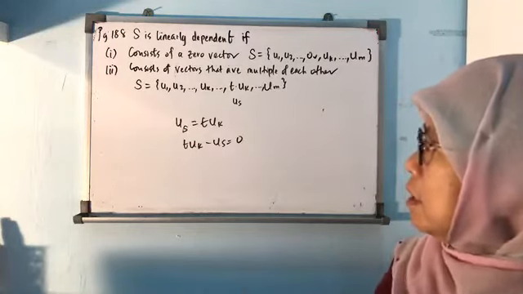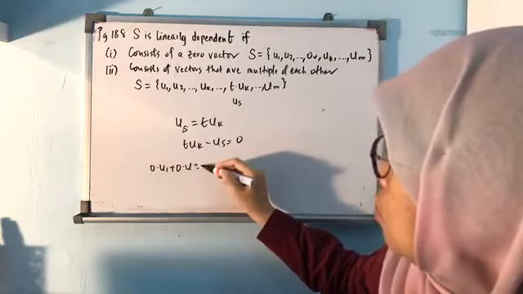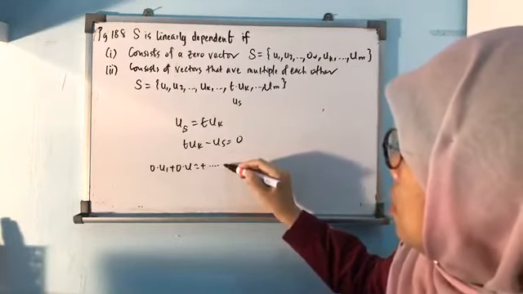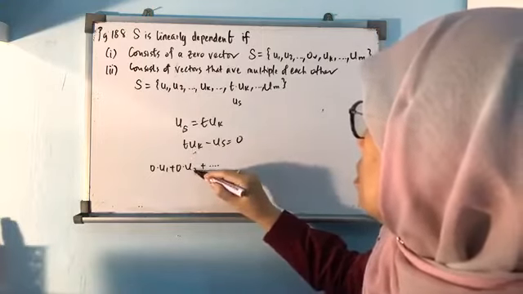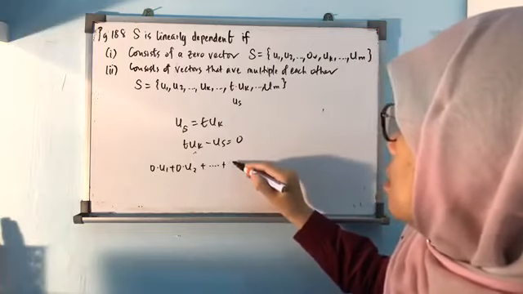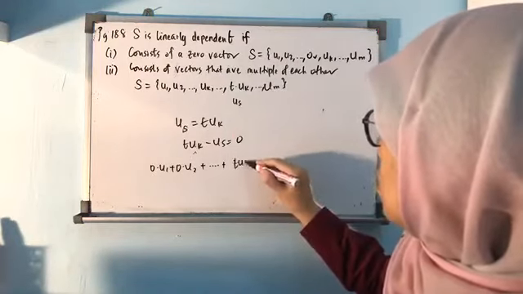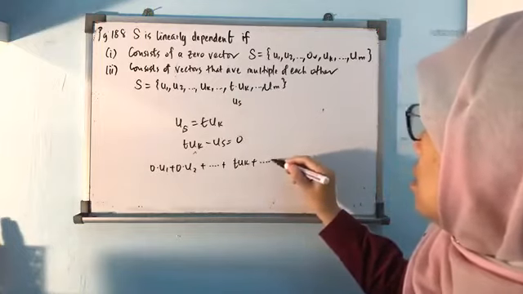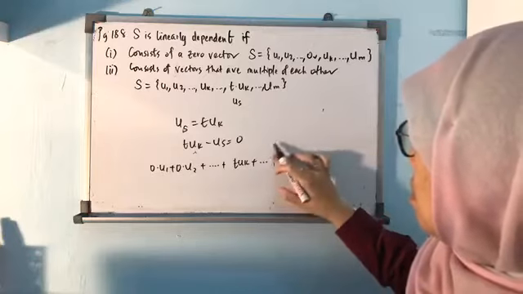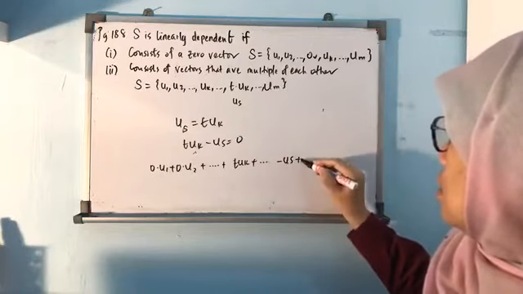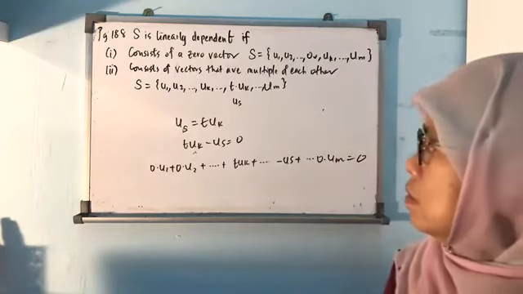If it's a multiple, then just let 0 times U1, 0 times U2, plus 1 times T times UK, plus minus US, and then the rest you multiply by 0 equals 0.